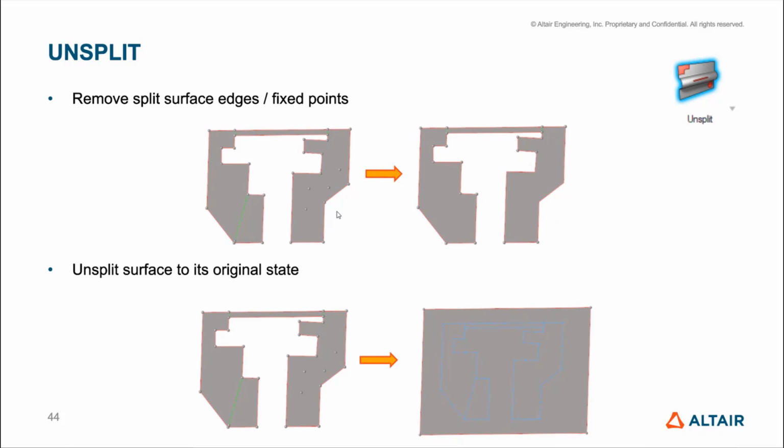But now we have added a dedicated tool to unsplit these things. So it becomes easier for users to know that they can unsplit or remove the split edges and fixed points. You can also retain the surface to its original state by unsplitting. These have been migrated from the panel which used to be called untrim.